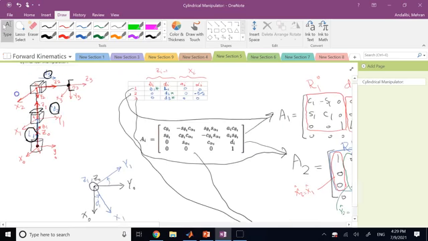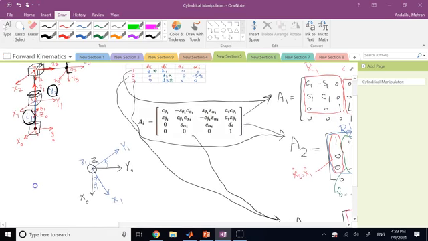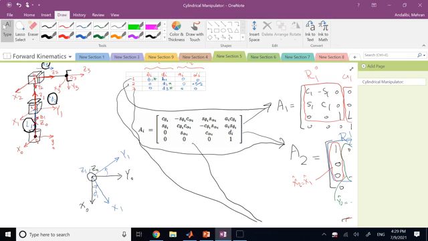So if you look at this top view here, as I told you, frame 1 is like that. If I want to draw frame 2, it has X2 to be the same direction as X1.